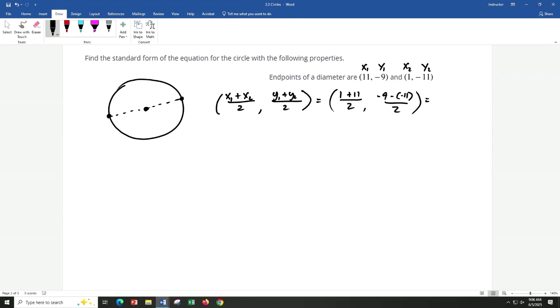Do the math to that. You're gonna end up getting 6, comma, -10. And there is my midpoint. There's my 6, -10. There is my H, and there is my K. So I found my center.